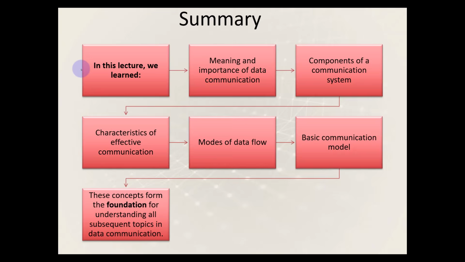And then we have looked at a basic communication model, someone's proposal of what a basic communication model is, which is widely accepted as a very basic communication model. These concepts now form the foundations of what we'll be looking at later in our other lectures.